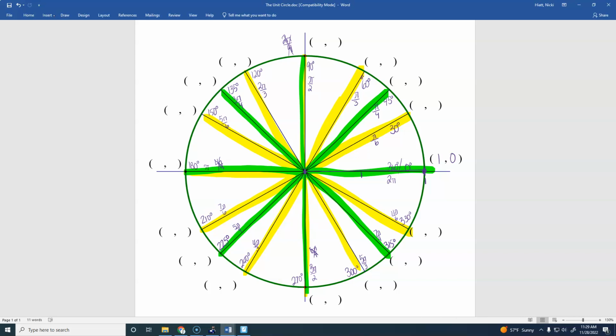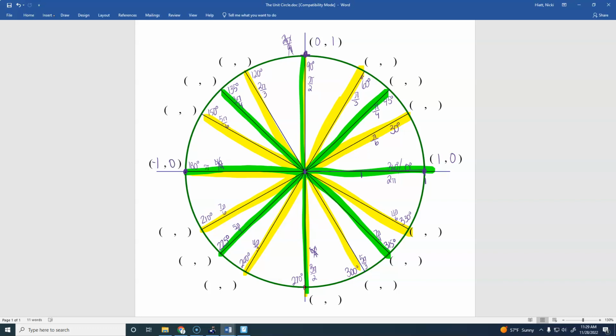Alright, so all of the angles that fall on the x or y axis I can figure out. What would be my coordinates for this top point right here? 0, 1, right? On the x-axis, you go over 0, then you go up 1 because the length of that radius is 1. What about over here at 180 degrees? -1, 0.